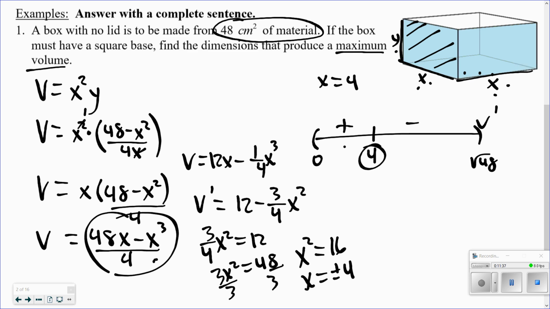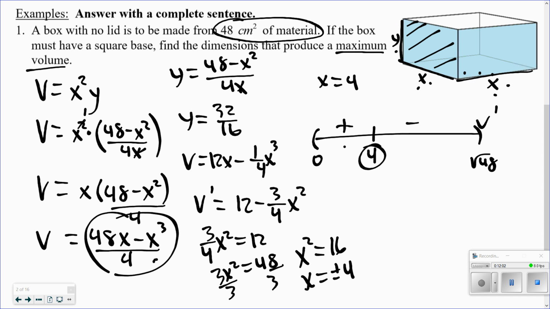So we have to go back, and I should not have erased my secondary equation. It was y is equal to 48 minus x squared over 4x. If I plug 4 into there, 4 squared is 16, 48 minus 16 is 32, over, plug 4 into here, 4 times 4 is 16. So when x equals 4, y is equal to 2.